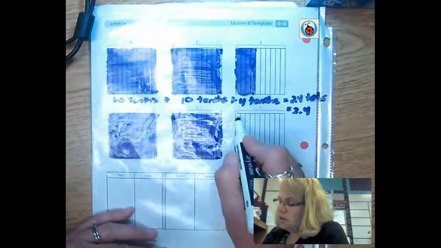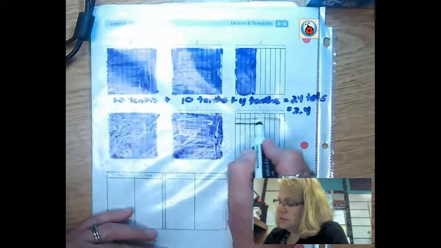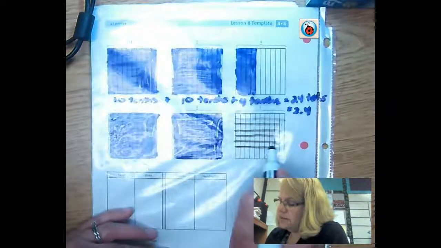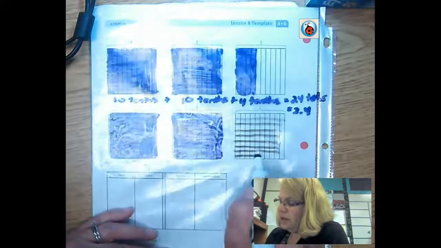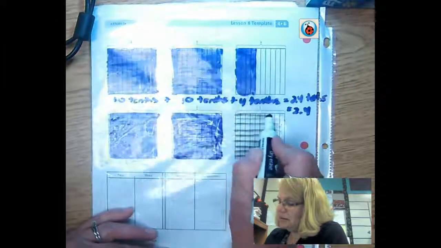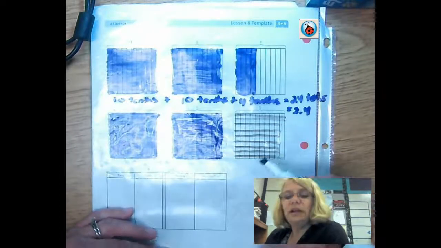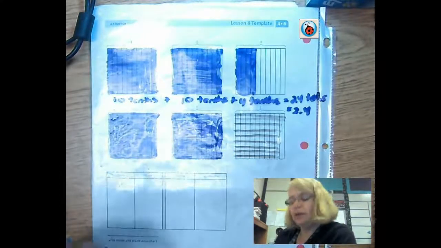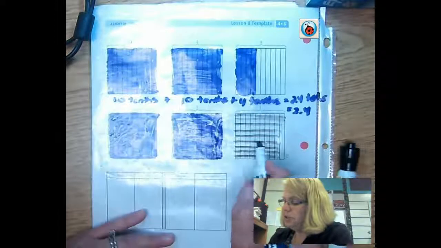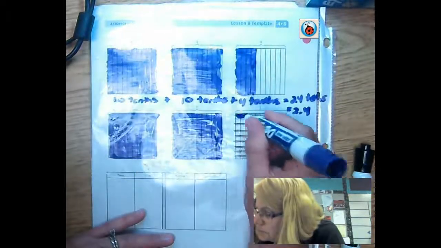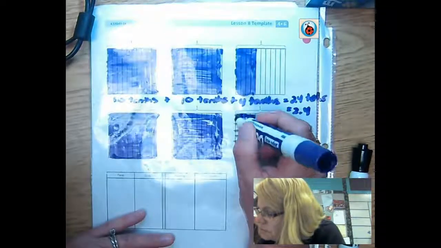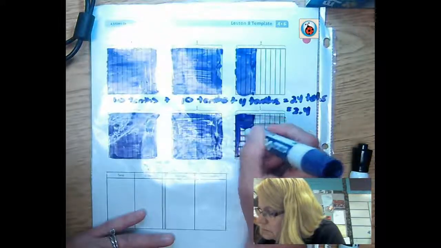Right, I need to draw lines. So I'm going to divide this 2, 3, 4, 5, 6, 7, 8, 9, 10. I'm going to divide it into 10 spots, so then we have 100 boxes. And then I'm going to shade in 40 of them.